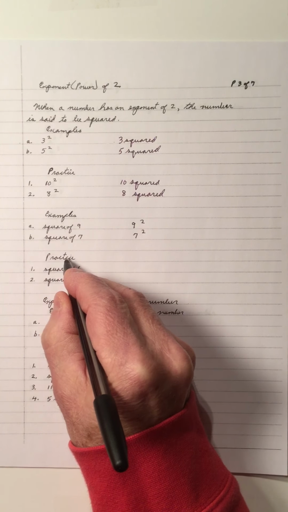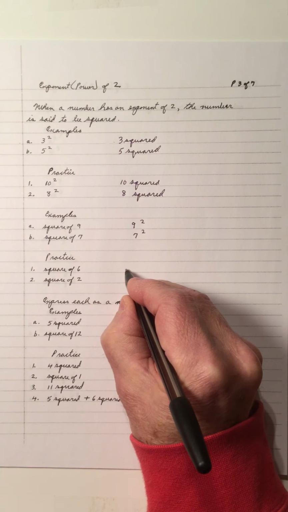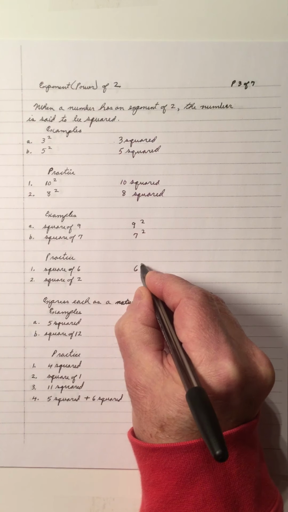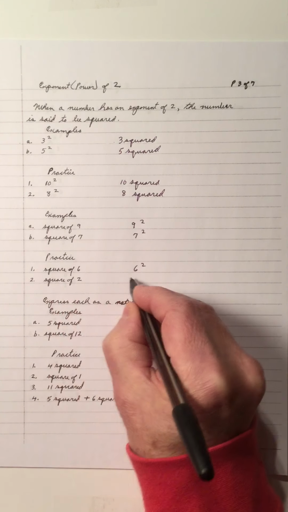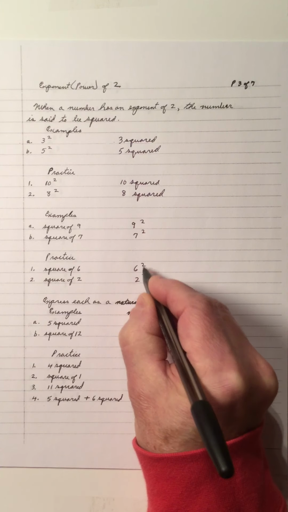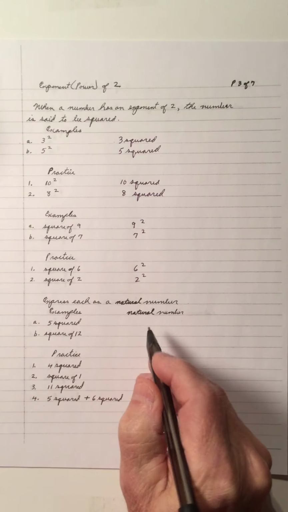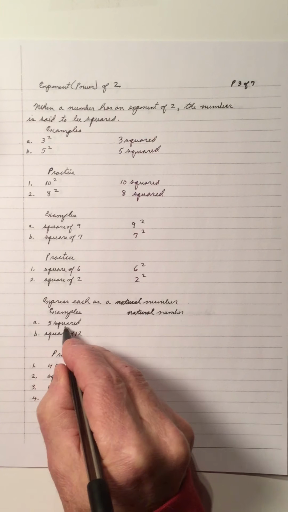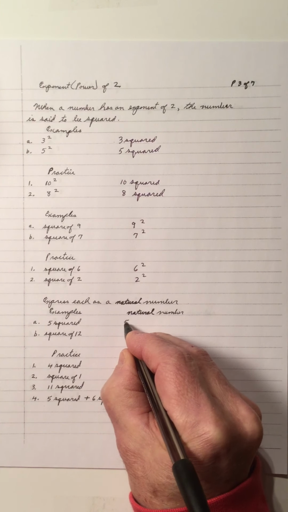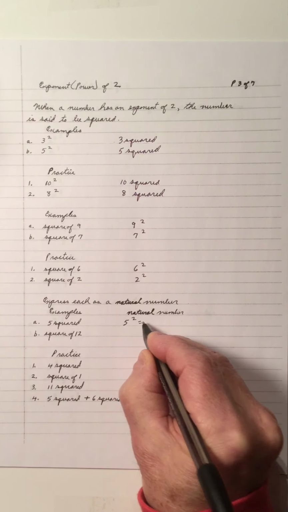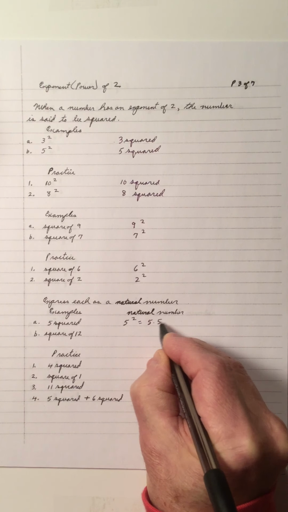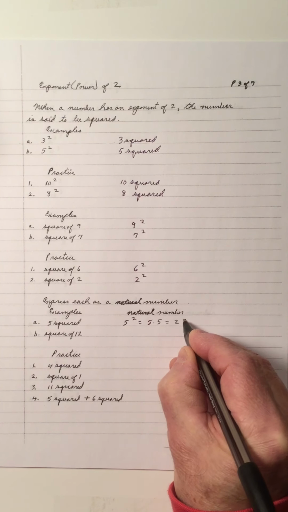Practice. The square of 6 is 6 squared, 6 to the 2. The square of 2 is 2 to the 2, power of 2. Express each as a natural number. So 5 squared is 5 to the 2, which is 5 times 5, which becomes 25.